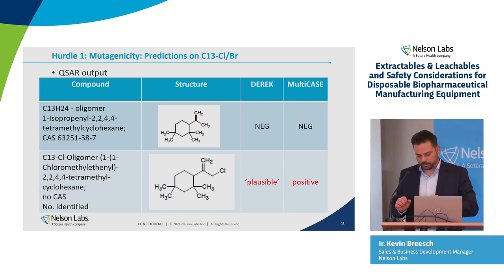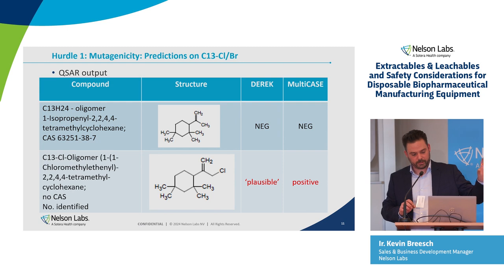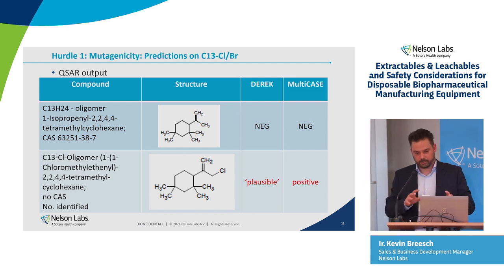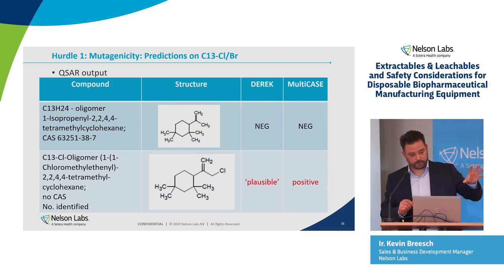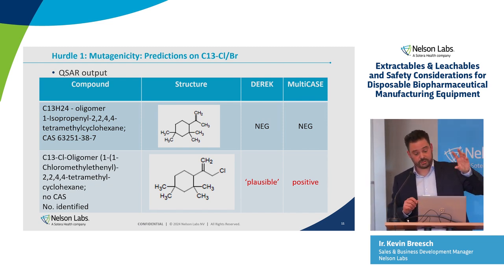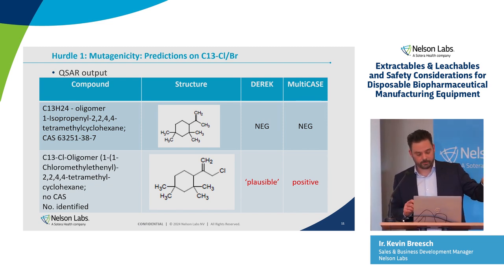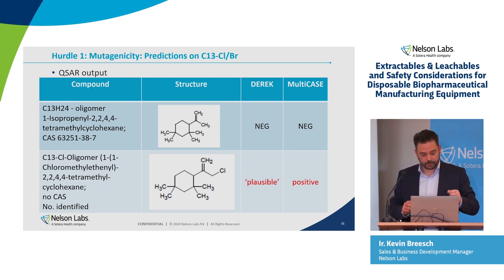So maybe also very briefly the difference between a rule-based and a statistical-based system. Rule-based is knowledge-based. You see a substructural feature, a functional group, which is known to cause mutagenicity, so it's classified as mutagenic.